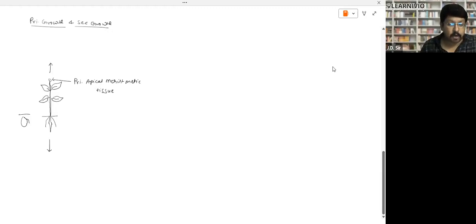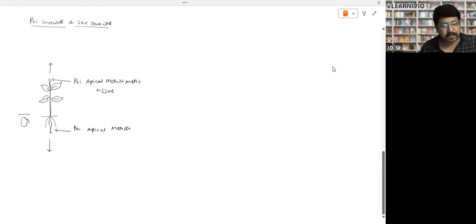Again, at the tip of the root, I want your 100% focus over here. You won't get this thing anywhere, but I am delivering. These are also apical tissue, also primary apical meristematic tissue.